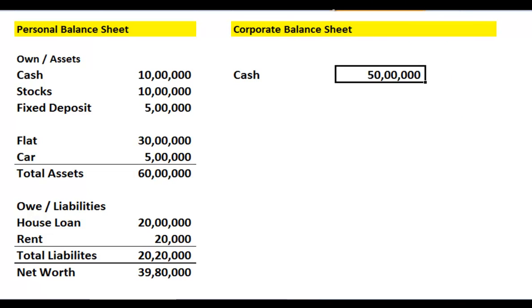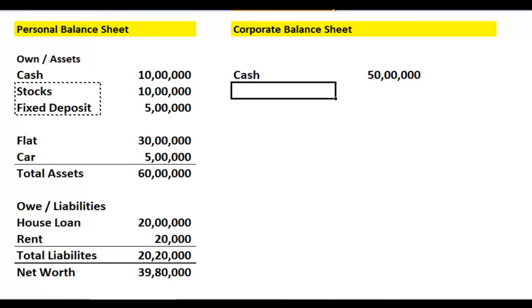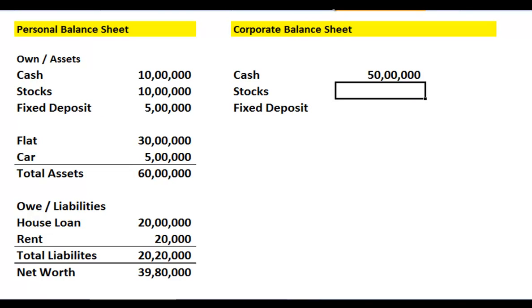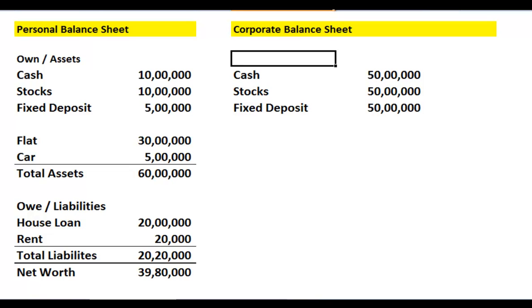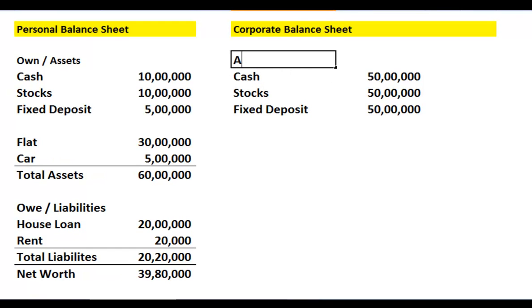So a company has 50 lakhs in its bank account. A company will not keep all its money as cash in a bank. A company will also invest its money into fixed deposits and stocks and things like that. A company has another 50 lakhs in stocks and another 50 lakhs in fixed deposit. And then we also saw this was called assets.